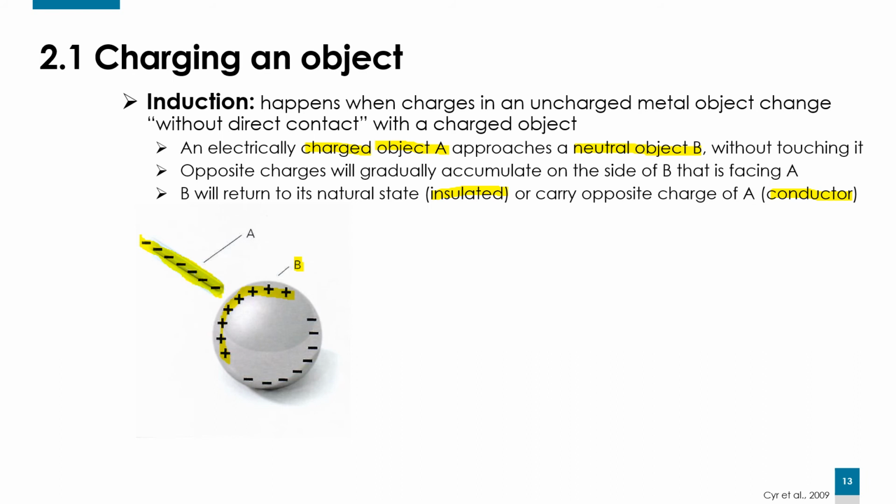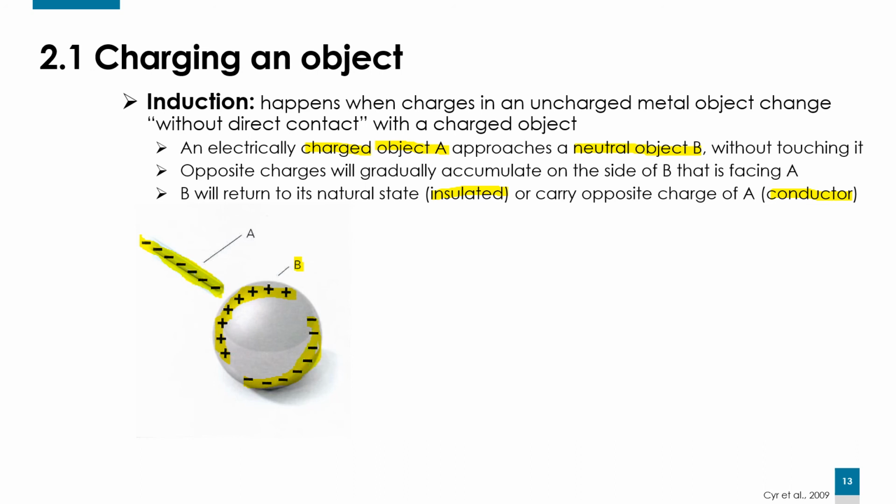So all the positive charge will go close by the negative charge of A, because opposites attract. And the negative wants to go away, so it's going to repel the negative, so it goes away to the other side of B.